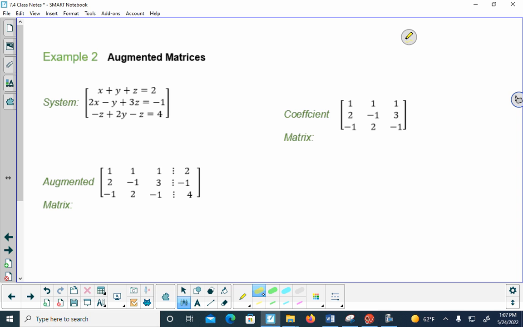The coefficients of x are 1, 2, and negative 1. That becomes my first column. The coefficients of y are 1, negative 1, and 2. That is my second column. The coefficients of z are 1, 3, and negative 1. That is my third column. And finally, my answers, 2, negative 1, 4, become my fourth column.